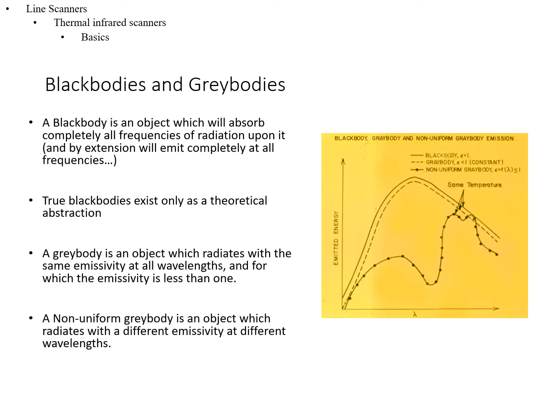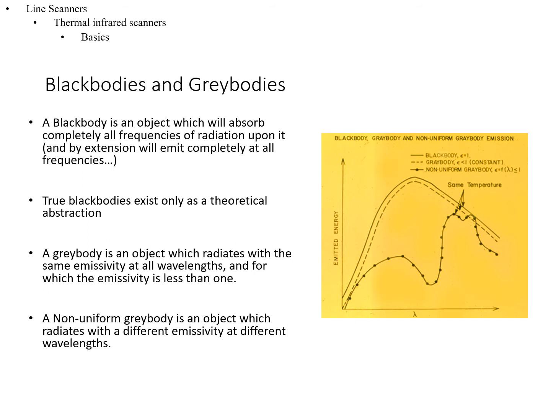So a black body is an object that will absorb completely all frequency of radiation, and by extension will emit completely at all frequencies. True black bodies only exist as a theoretical abstraction. A gray body is an object that radiates with the same emissivity at all wavelengths, and for which emissivity is less than 1.